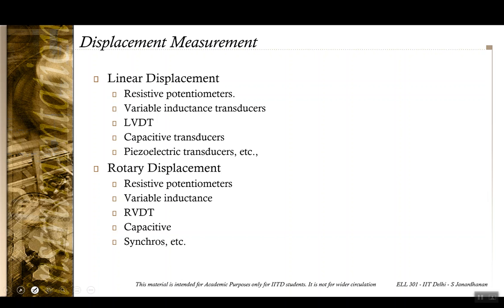And in the last lecture, we had seen the resistive potentiometer, both for linear displacement and also for rotary displacement. In this lecture, we would look into variable inductance transducers and also variable displacement transformers like LVDT or RVDT.